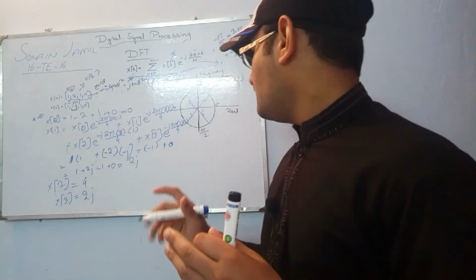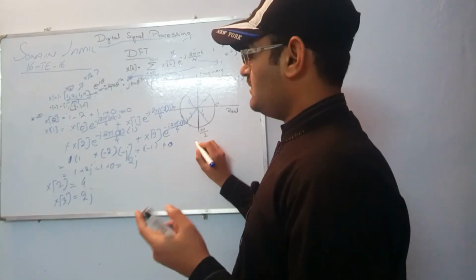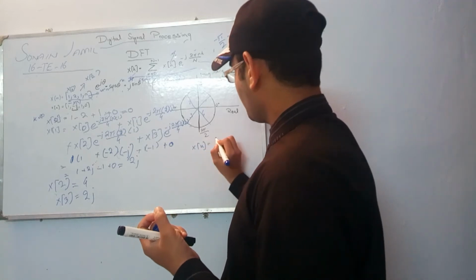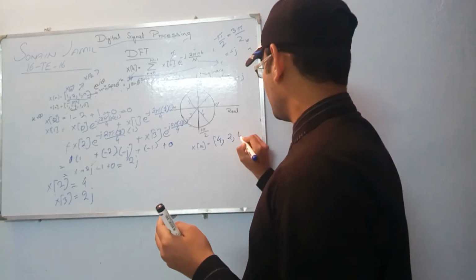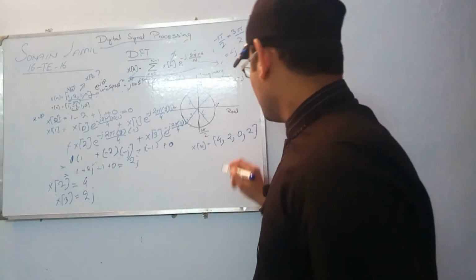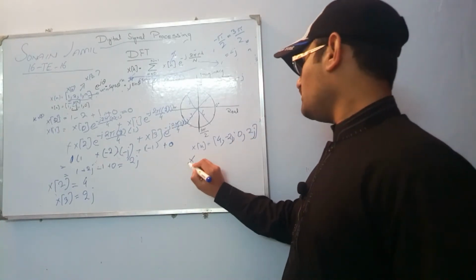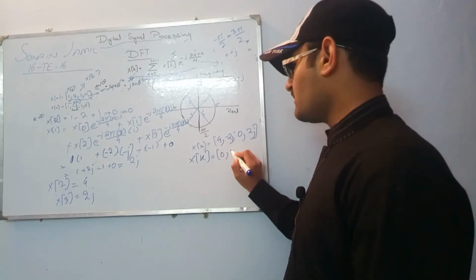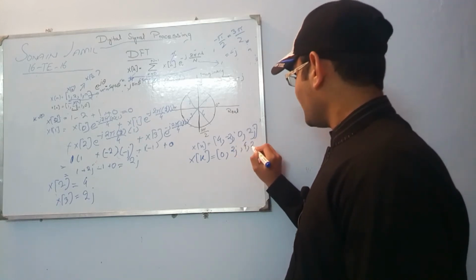So what is the difference between the previous one and this one? In the previous one we had x of k equal to 4, 2, 0, 2. Now we have x of k equal to 0, 2j, 4 and 2j.